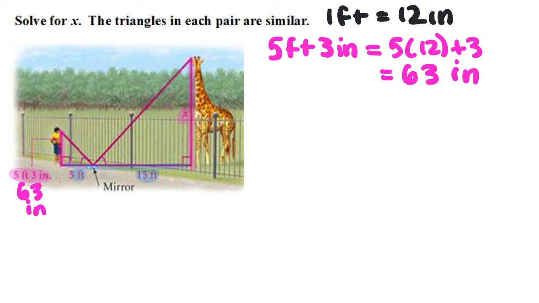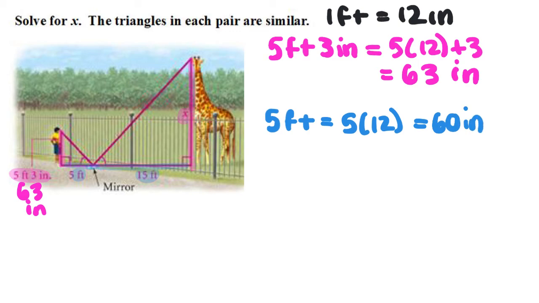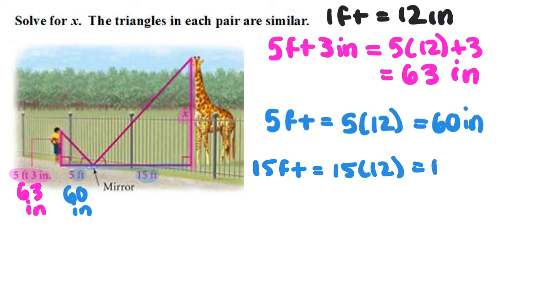For my other sides, I have 5 feet, and that becomes 5 times 12, which is 60 inches. And then lastly, I have 15 feet. That's 15 times 12, which we know becomes 180 inches.